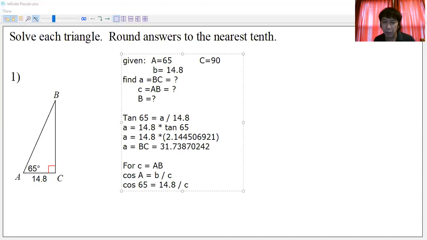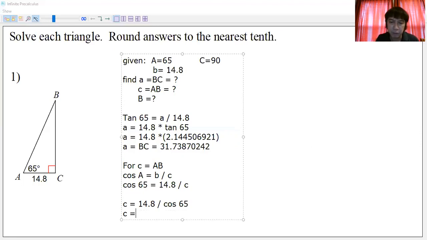So by algebra, the small c is equal to 14.8 divided by cosine of 65. So we have the numbers now on the right side of the equation, and we will just compute this. Now I will write it in detail.